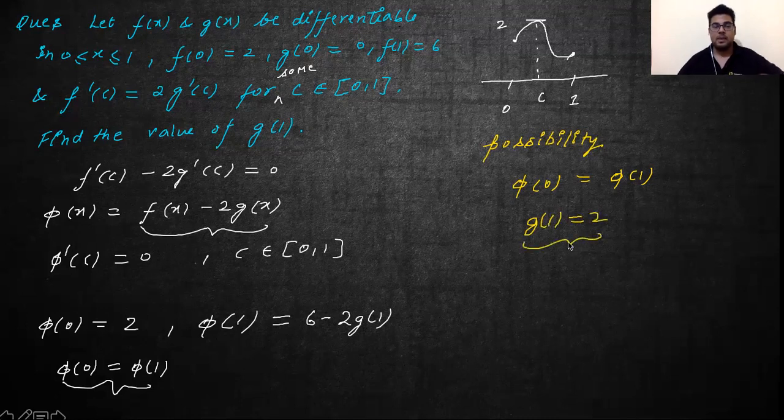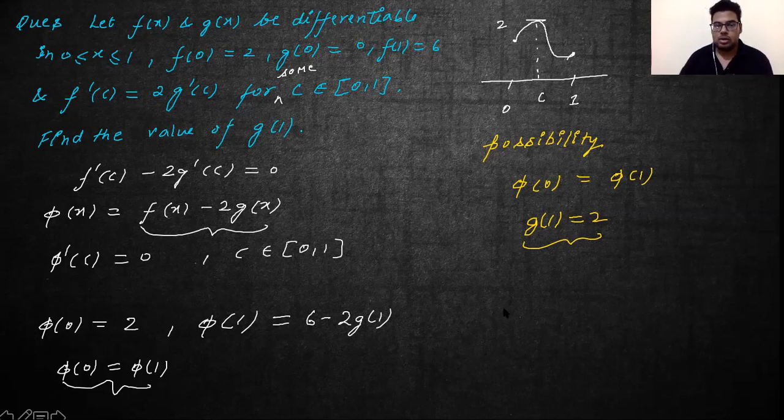If g of 1 equals 2, then we say for sure the whole scenario is perfect. But we will not say that this is the only possible value for g of 1. It will depend upon the function.